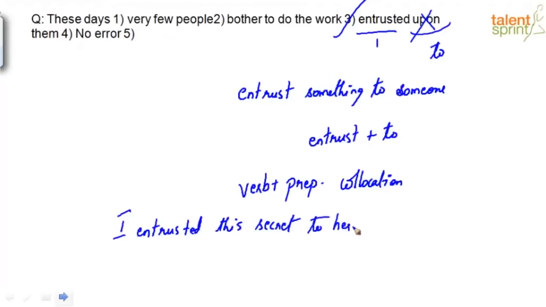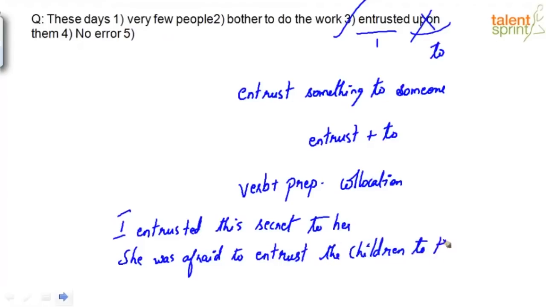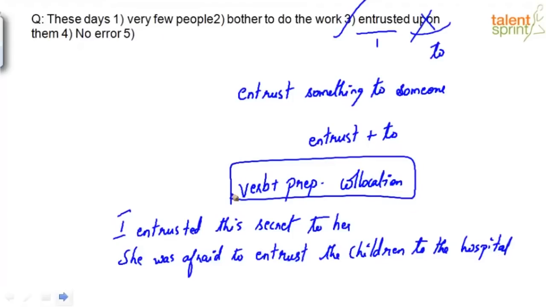I expected her to be responsible enough not to share the secret with others. She was afraid to entrust. There are other collocations also, but predominantly entrust goes with to. Entrusted the children to the hospital. So likewise, there are lots of verb plus preposition collocations. Wait for. You wait for someone.